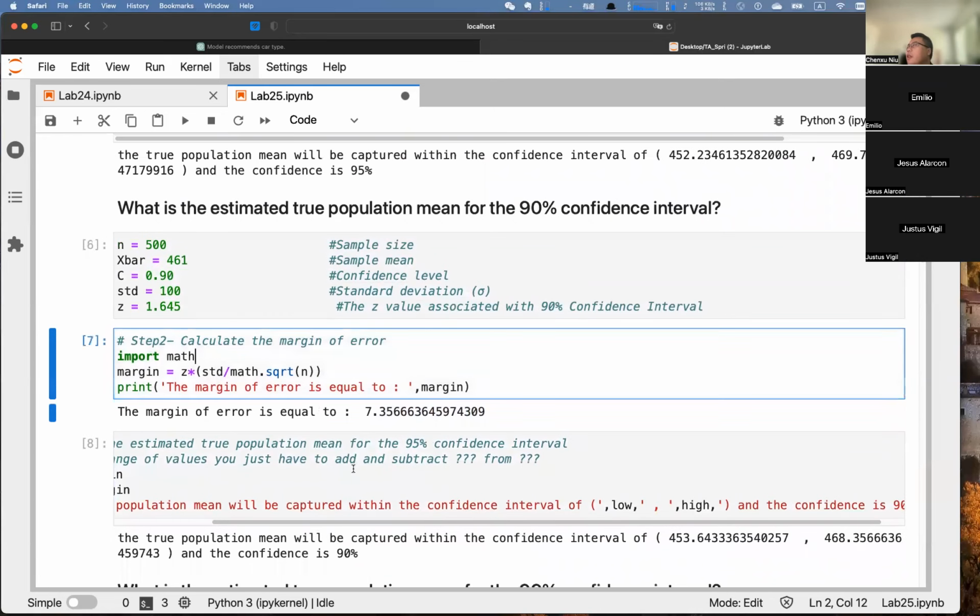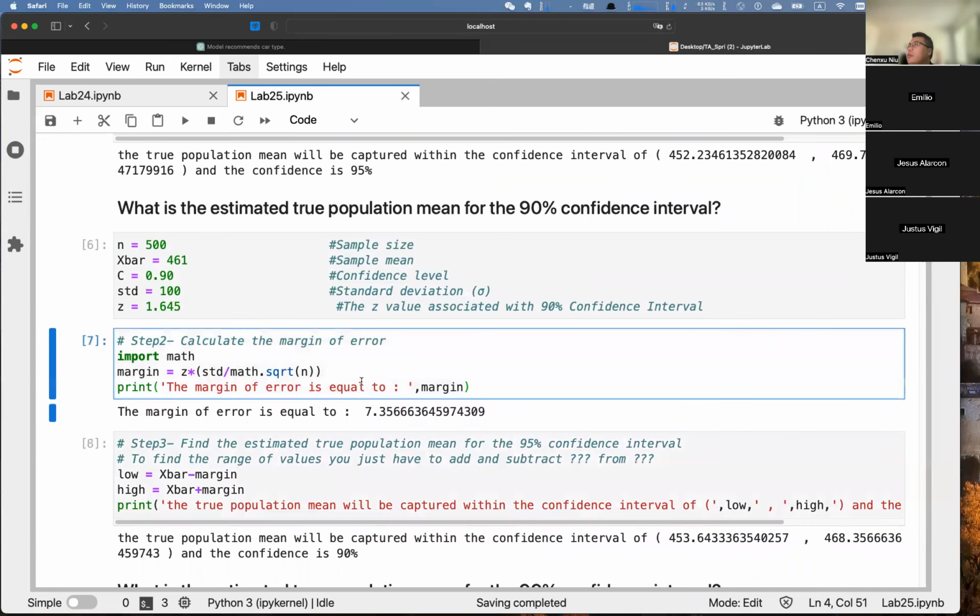To be honest, the last two cells are exactly the same, because calculating the margin of error and the range of the values is the same. The only difference is the confidence level when you organize the data.